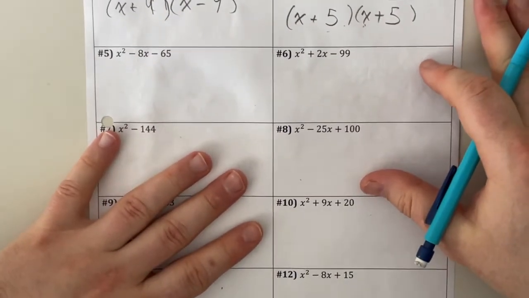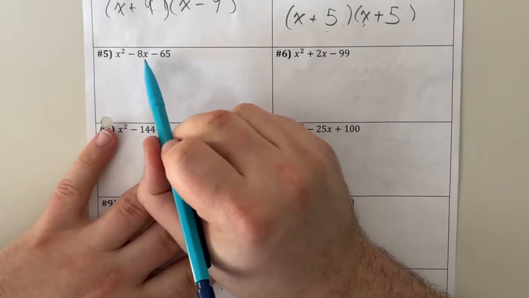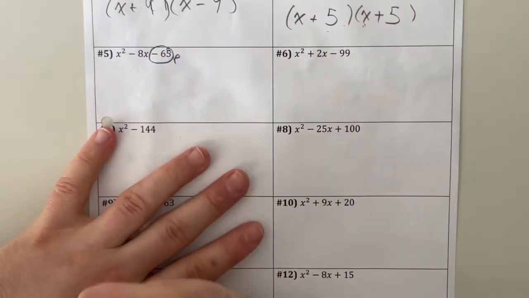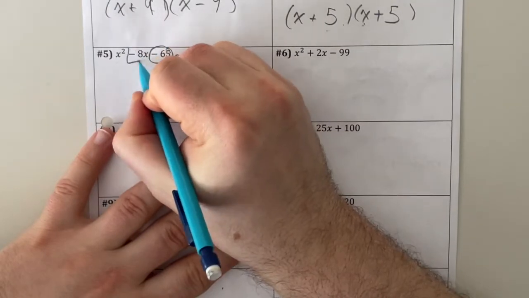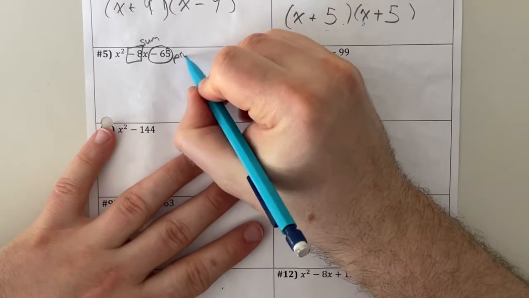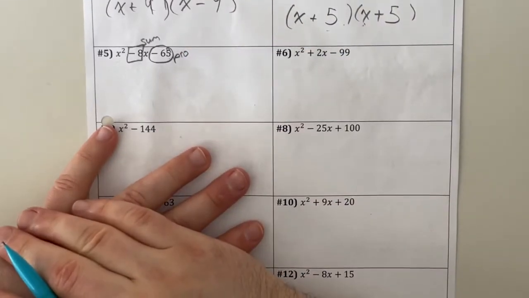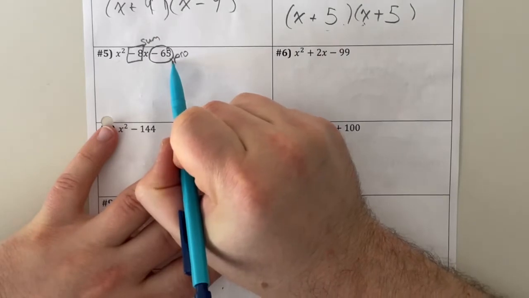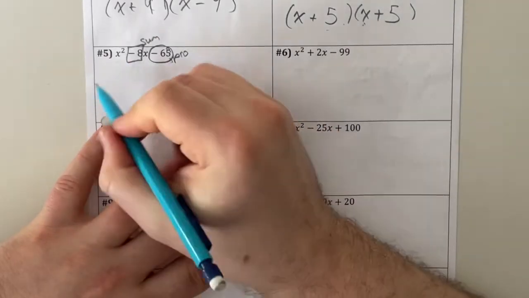For number 5, I have x squared minus 8x minus 65. So my product is going to be negative 65, and my sum is going to be negative 8. So what can we have? Well, I need to think of something that multiplies together to give me 65, and I have a negative 8.